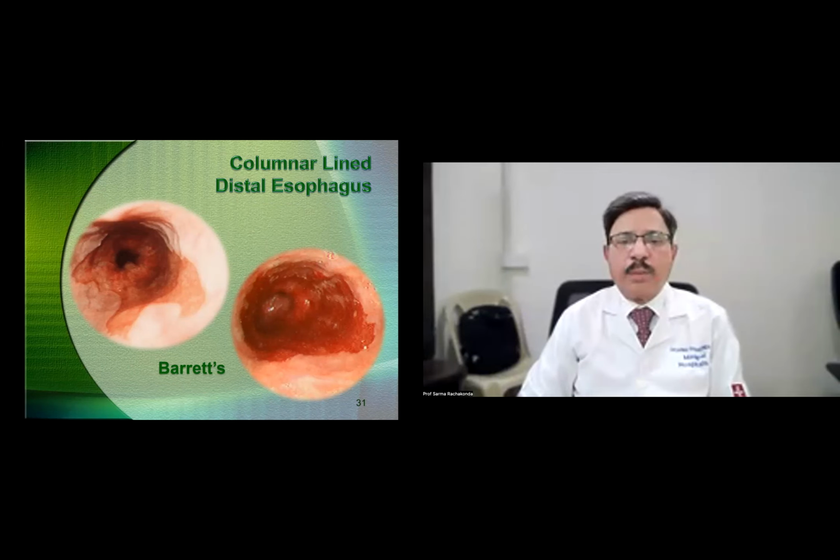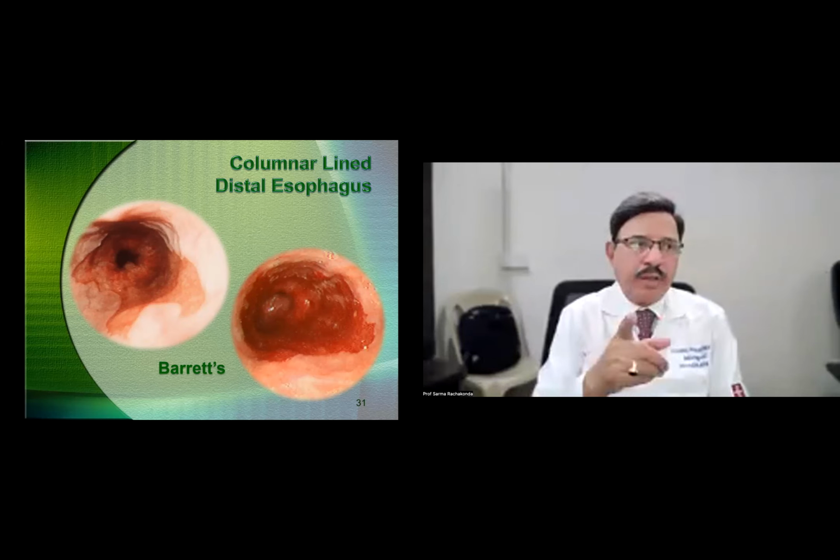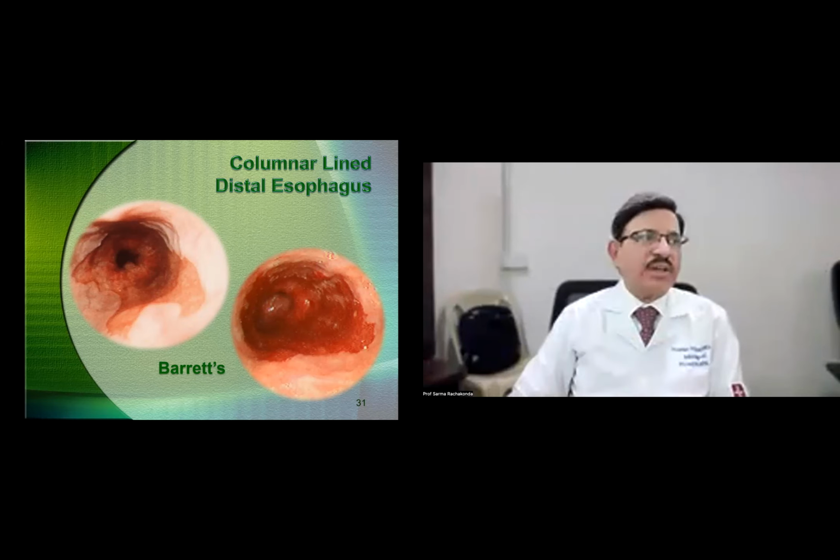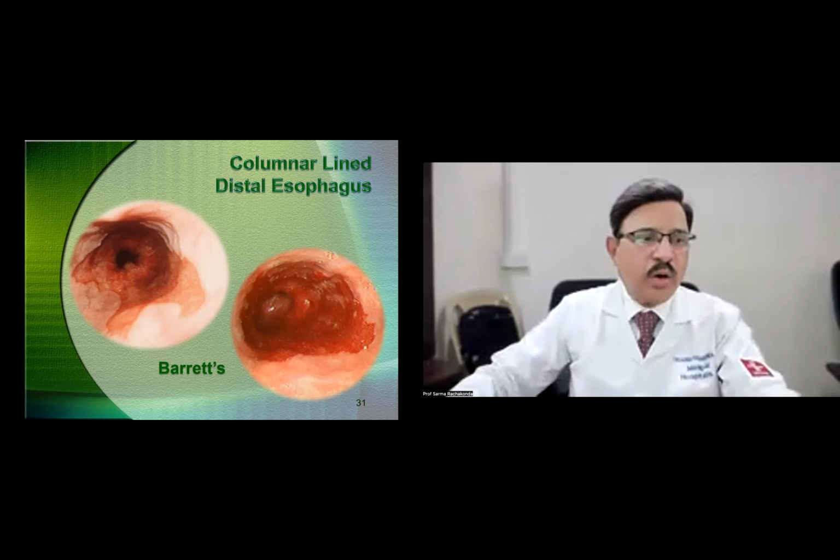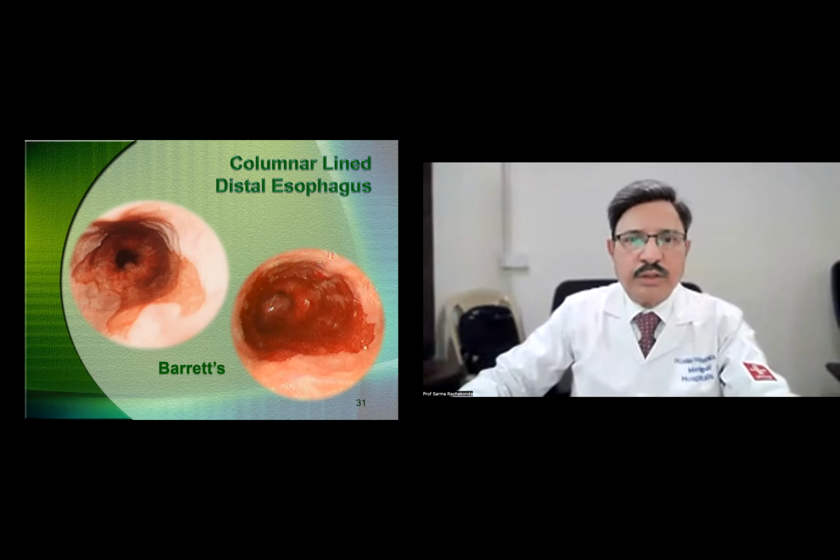The problem with Barrett's is not only that it produces epigastric pain, burning, discomfort and dyspepsia, it is a precancerous condition. This can lead to adenocarcinoma of the esophagus. So you should not allow a patient of GERD to develop Barrett's and then go on to adenocarcinoma. We have seen the treatment aspect of GERD last time.